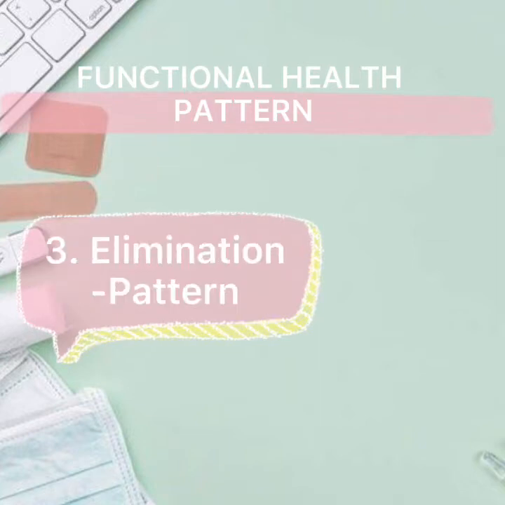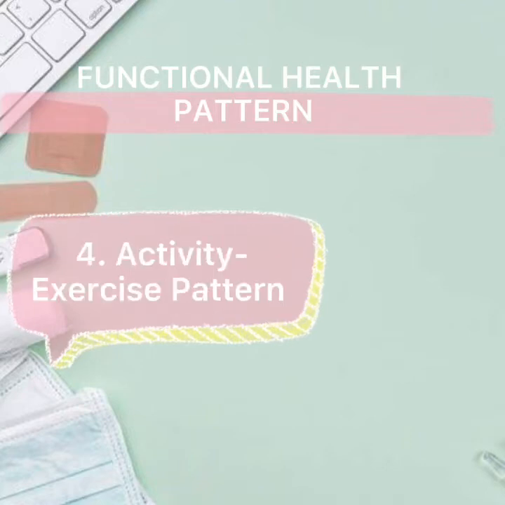Next is elimination pattern. Healthy elimination habits depend on the ability to reach a toilet when necessary. Activity intolerance, secondary to dyspnea, could result in incontinence. Activity exercise pattern. Determine if the patient's activity is limited by dyspnea at rest or during exercise.